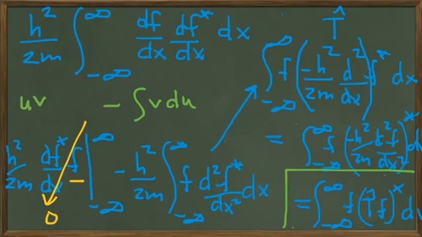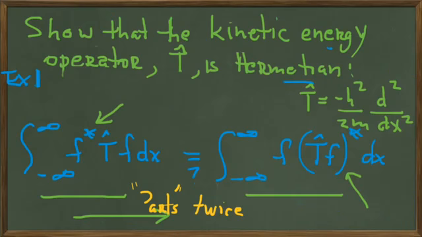So this is going to conclude our second video on operators, where we've gone through the complex process of showing that an operator is Hermitian by showing that it satisfies this integral property.